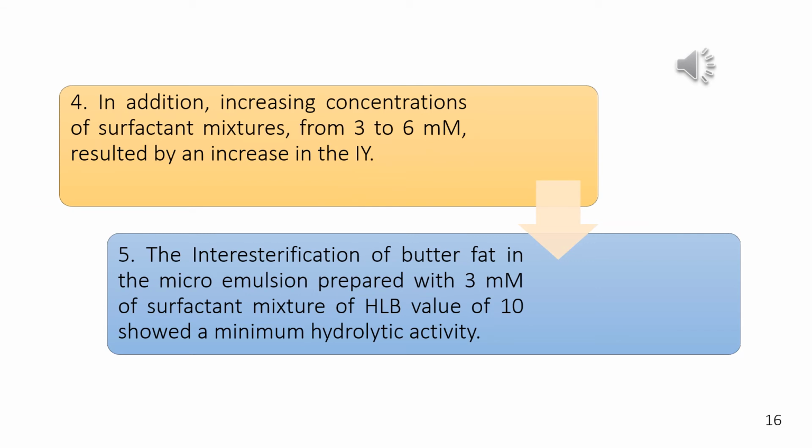In addition, we can increase the concentration of surfactant mixtures about 3 to 6 mM, which results in an increase in the interesterified yield. So the interesterification of butter fat that was done in the microemulsion system prepared from 3 mM of surfactant mixture that consists of HLB values of 10 will show a minimum hydrolytic activity.